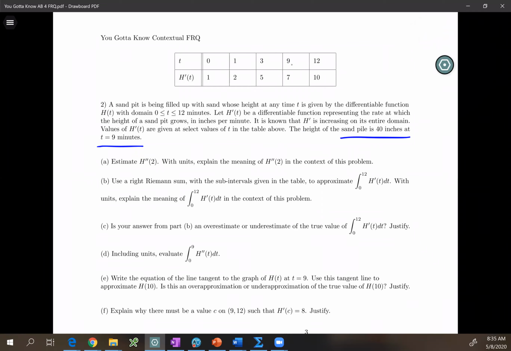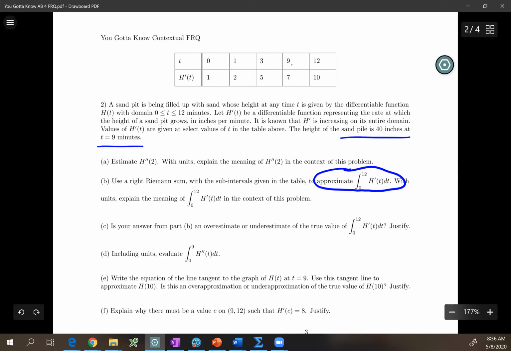Elvia was asking how that played into this right Riemann sum. When it says use a right Riemann sum, look at what it's asking us. It's just to approximate this integral. So we don't care about the t equals 9 at all. We don't care about any sort of initial at all. All we want to do is approximate this.